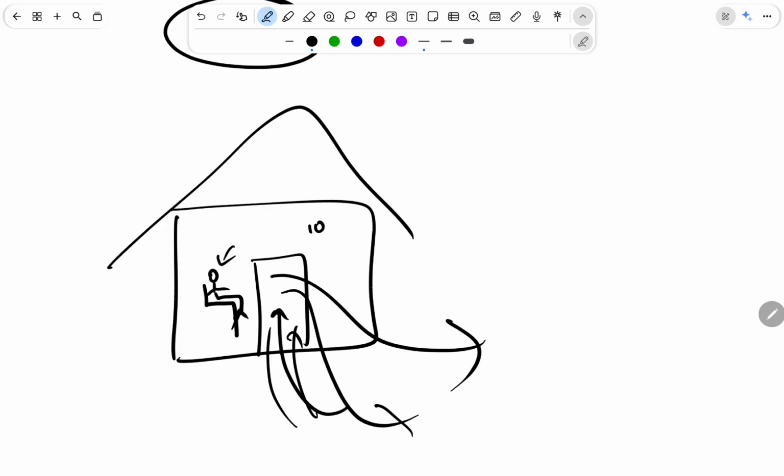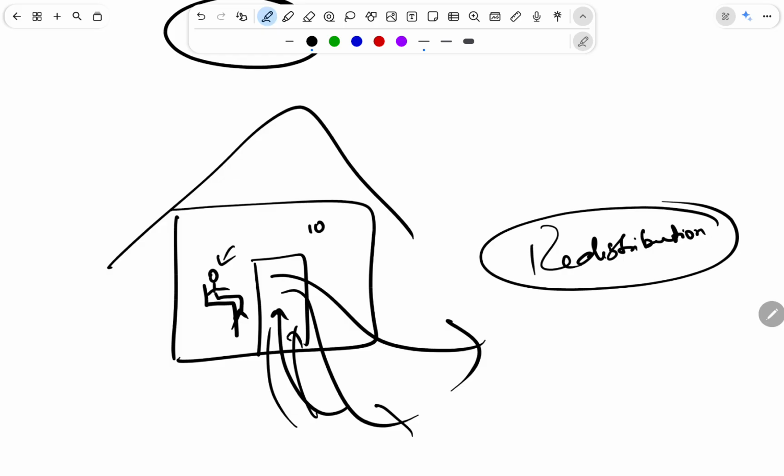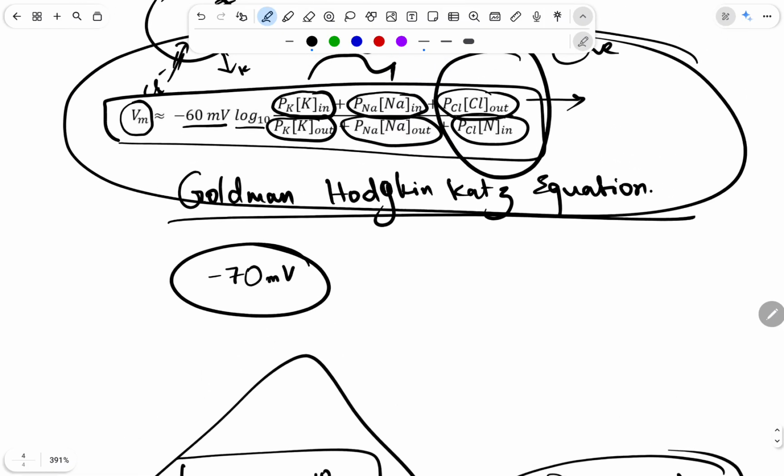Only after these come out, others will go in. It is the redistribution, to neutralize her desire to see everyone. Very simple, right? So this is how Gibbs-Donnan works. It's a very, very lazy equilibrium, I call it. Just because the proteins are there, they're very lazy, they cannot diffuse, they will redistribute the other diffusible ions. It acts like a boss.